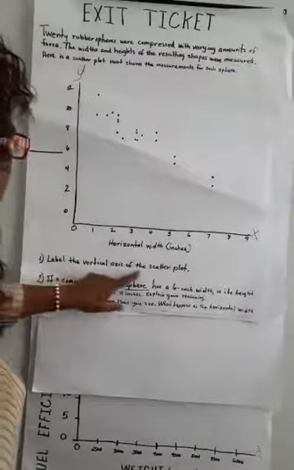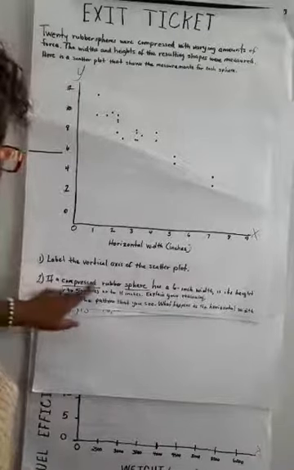So knowing those two things, I already labeled the vertical axis of the scatter plot. So it says, if a compressed, what would the vertical axis be?